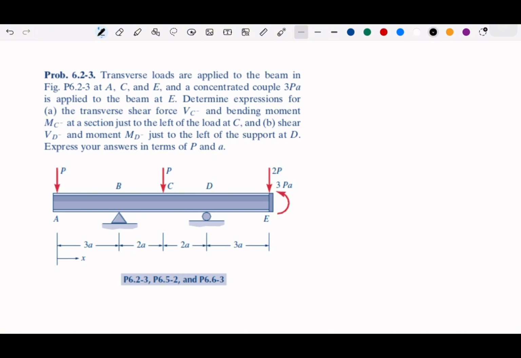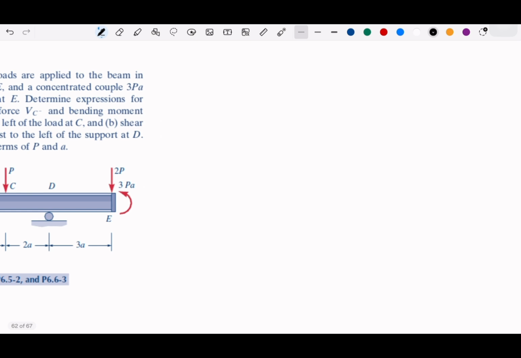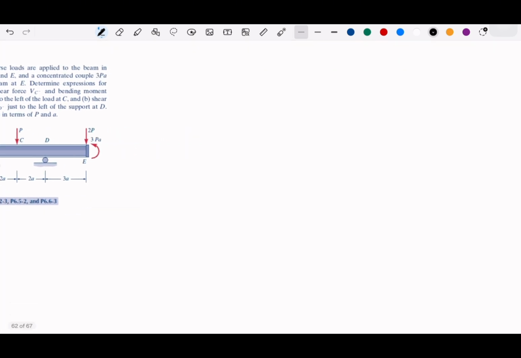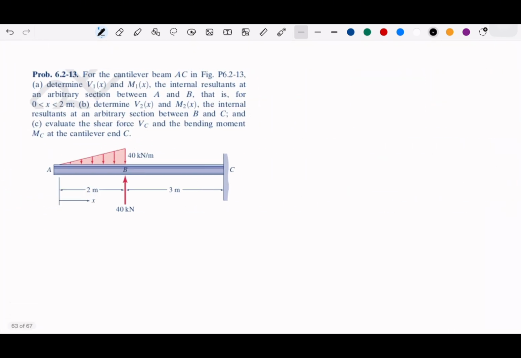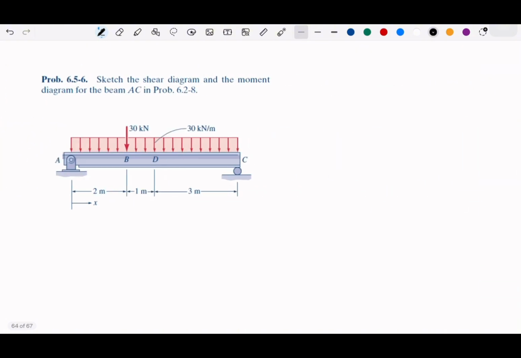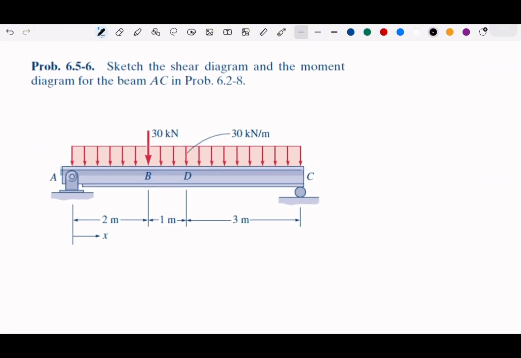So I will just go for our focus, which I expect you to get these questions correctly. So this is also similar. The final result, aside from finding the internal shear force or the bending, is to sketch the shear diagram and the moment diagram.